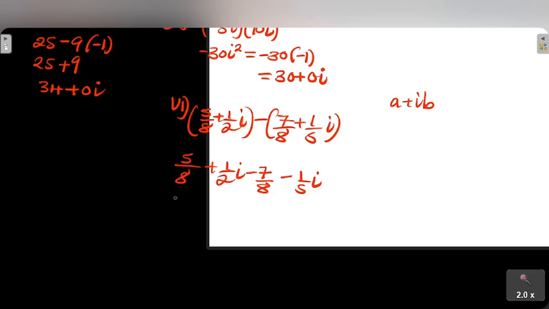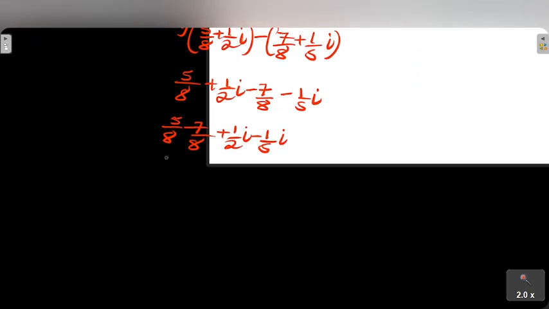Then from here we'll collect our like terms. So we have 5/8 − 7/8 + 1/(2i) − 1/(5i). This is what we have. Then for the first part we are going to find the common denominator, and here our common denominator will be 8.